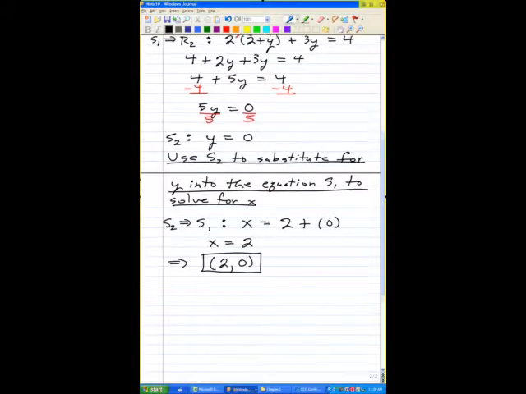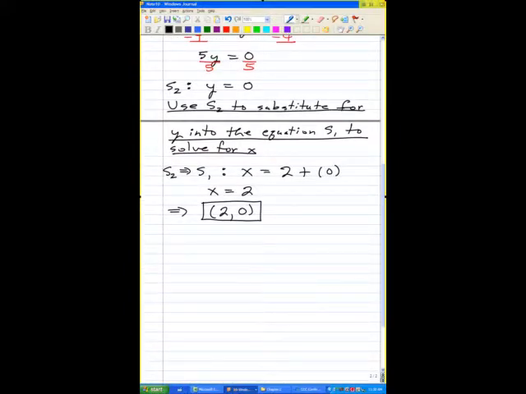This is one solution, so this is actually a consistent system of linear equations. And well, since there's one solution, this is actually a pair of intersecting lines.